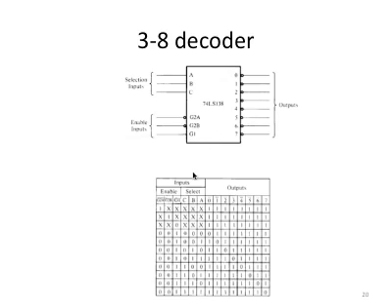Also, we have enable inputs, G2A, G2B, and G1. The way this chip works is that, of course, we need to have this chip enabled. So you're going to have 0, 0, 1 on these control bits to enable this chip. And then the output is going to depend on the input value on the CBA.